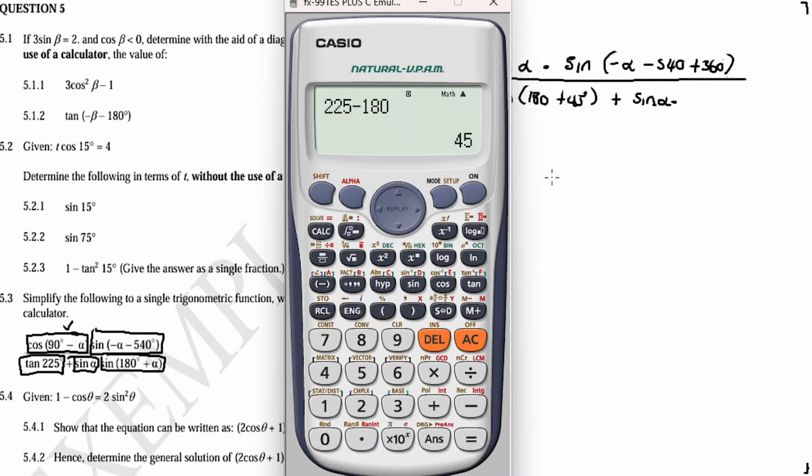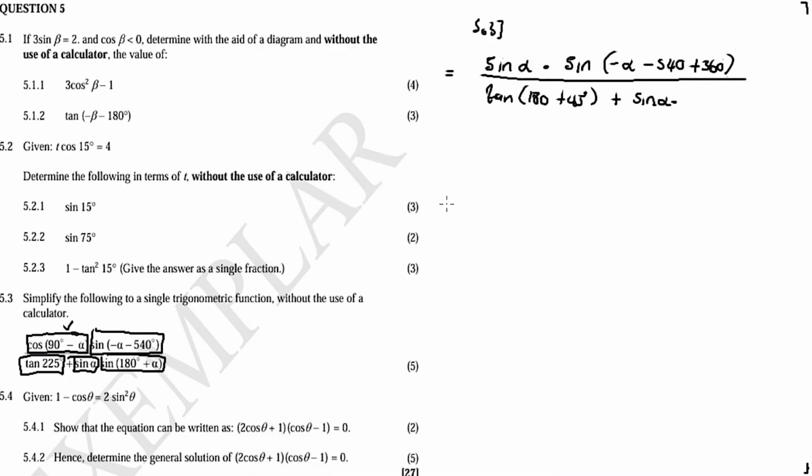Okay, so for this one it's 180 plus, so the sine will be negative, so it's going to be minus sine alpha. This 180 plus puts us in the third quadrant, so we have sine alpha times sine of minus 540.